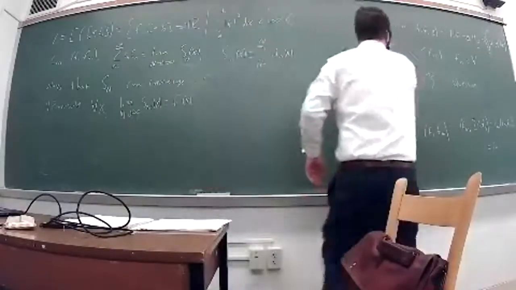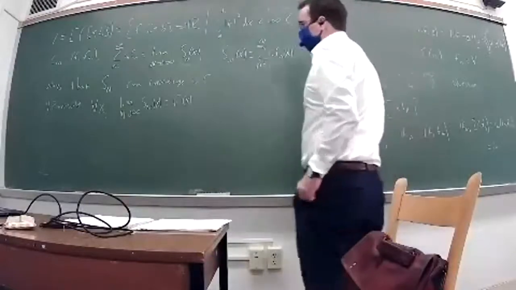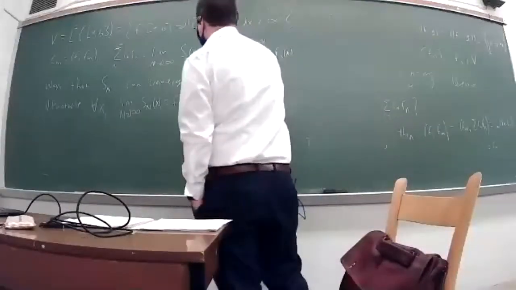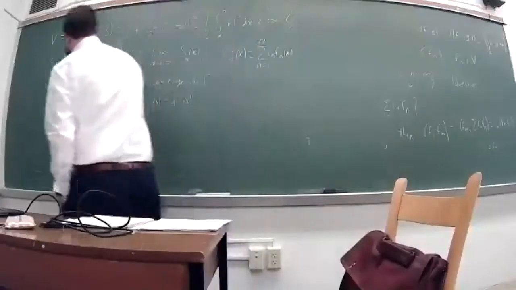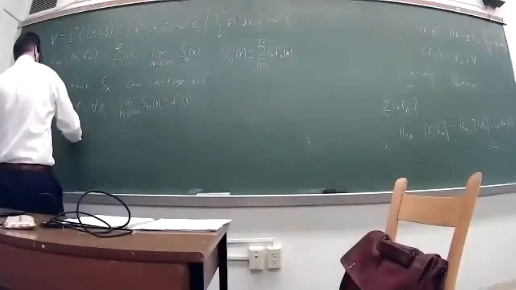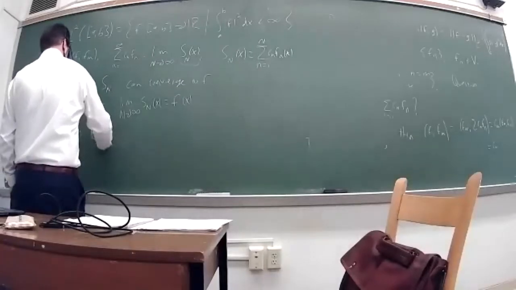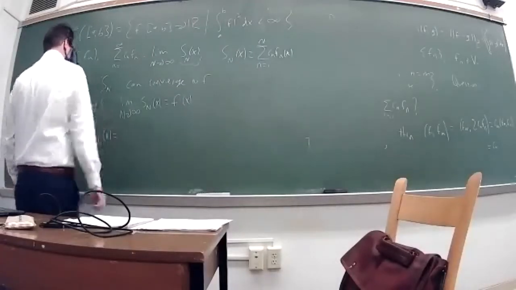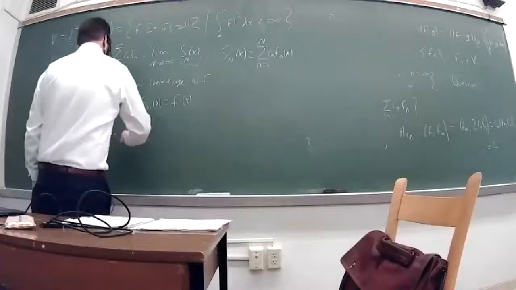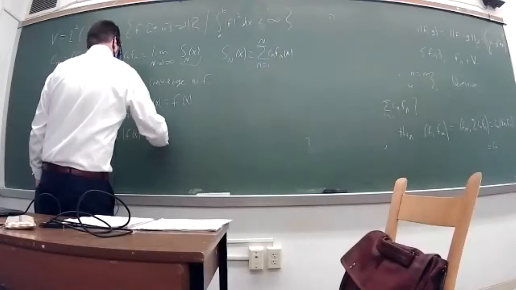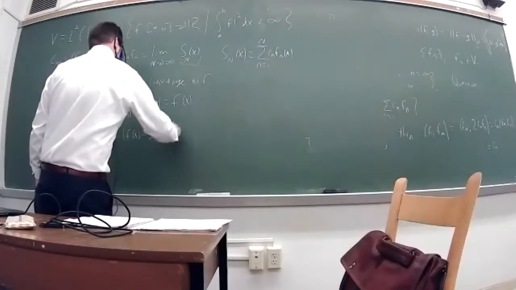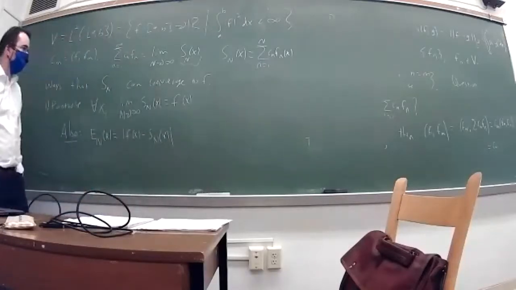Another way you can conceptualize that, you can define maybe capital En of x, call this the error, to be the absolute value of f of x minus s sub n of x.